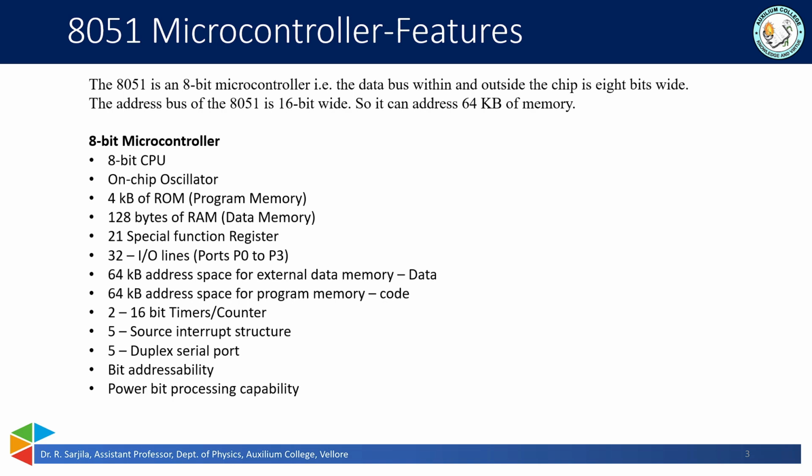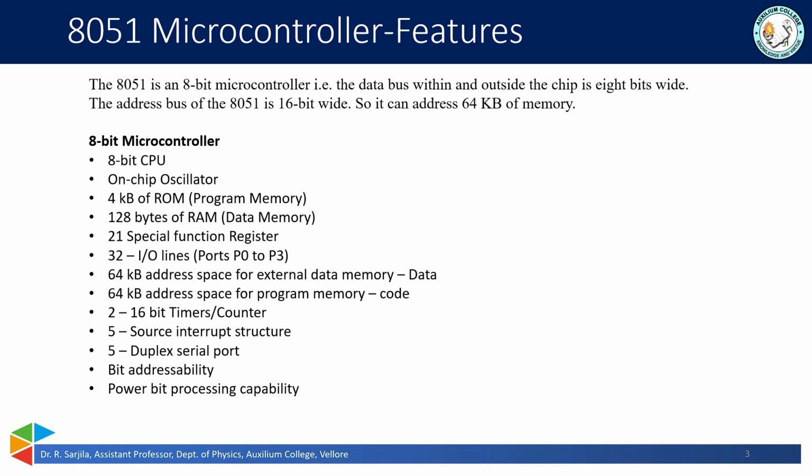It has 8-bit data bus. It can access 8 bits of data in one operation. It has 16-bit address bus. It can access 2 power 16 memory locations, that is 64 KB each of RAM and ROM.